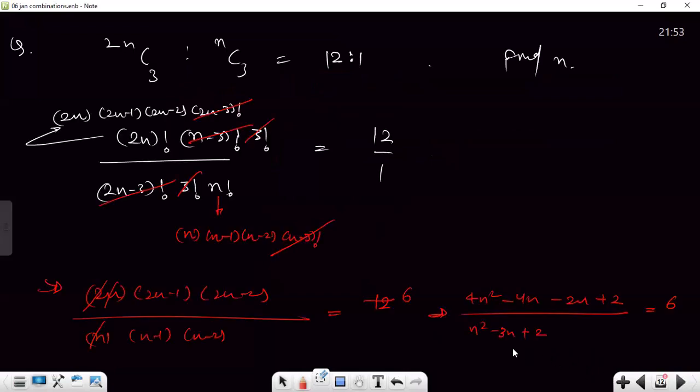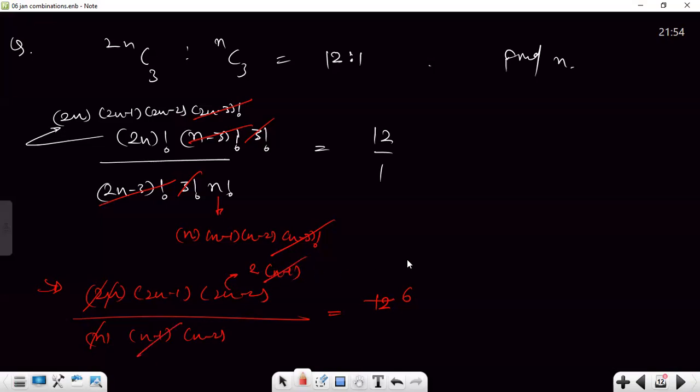Go back. I've been able to observe something now. In 2n minus 2, 2 can be taken common, and n minus 1 cancels n minus 1. Great, yeah. Now the equation has become linear. So 2 into 2, now 2 cancels 6 by 3.